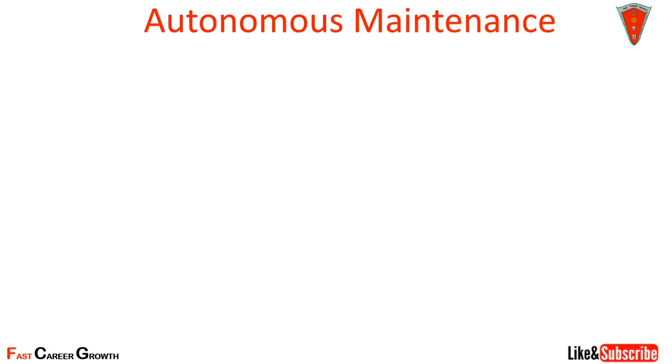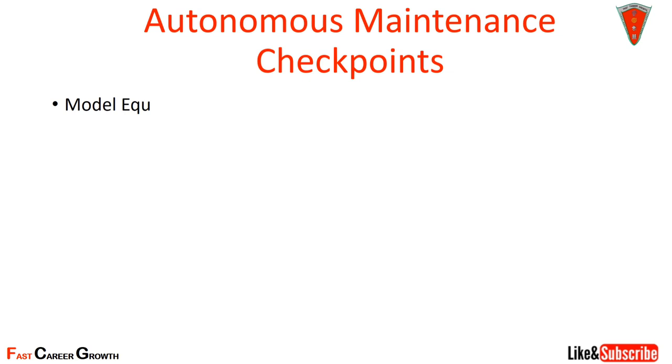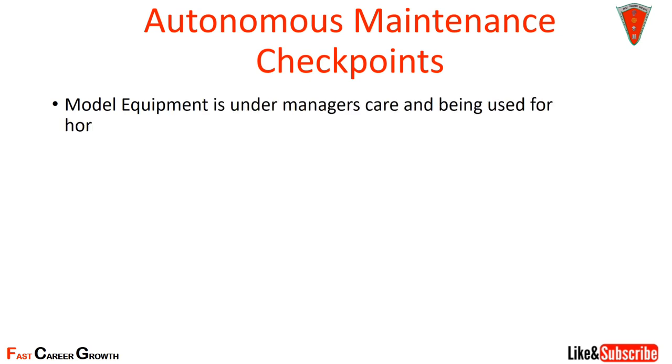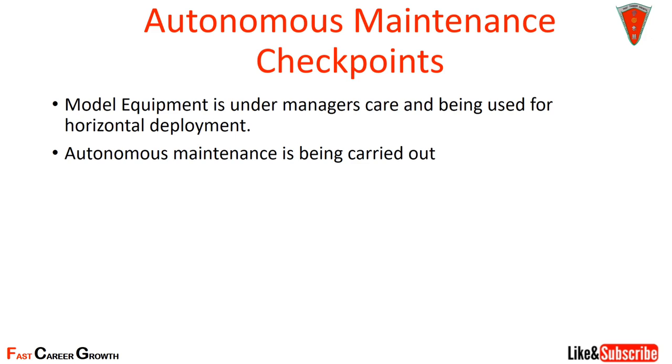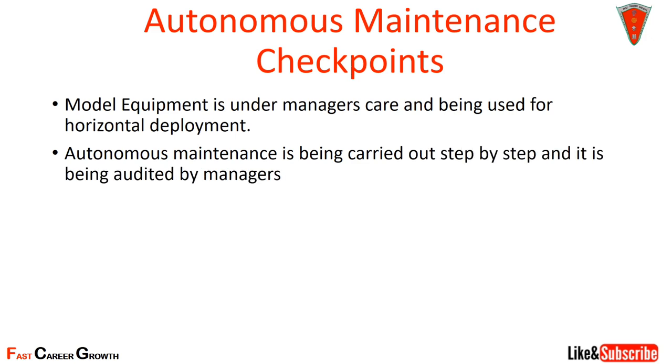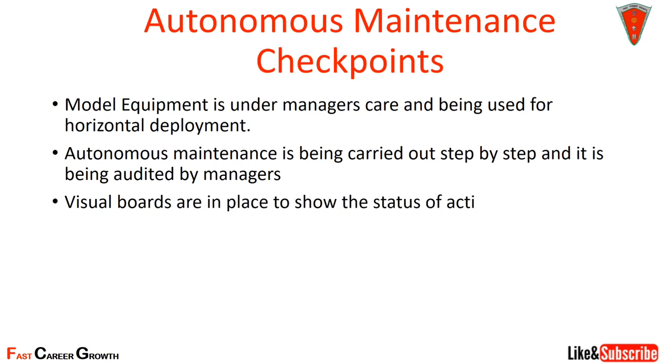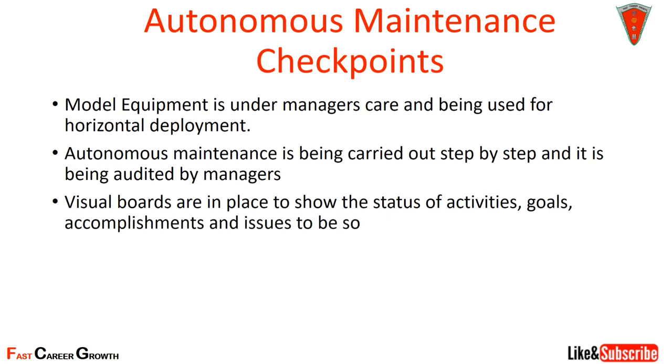What are the checkpoints for autonomous maintenance? Model equipment is under the manager's care and being used for horizontal deployment. Autonomous maintenance is being carried out step by step and is being audited by the area managers. Visual boards are in place to show the status of activities, goals, accomplishments, and issues to be solved.